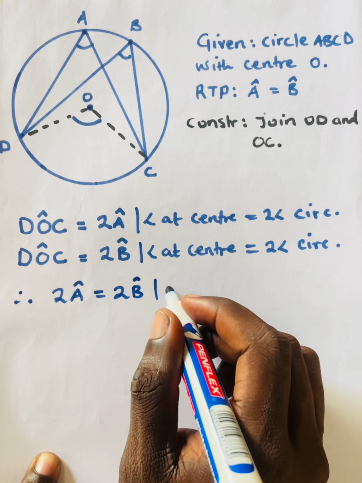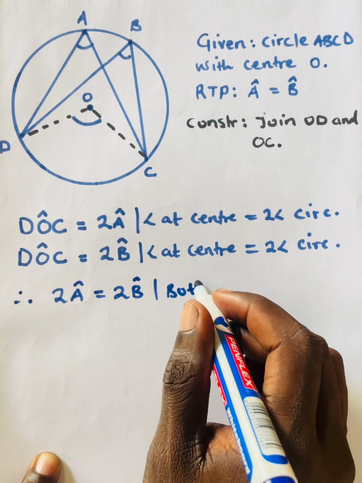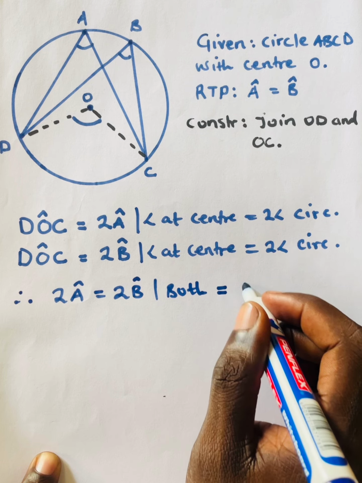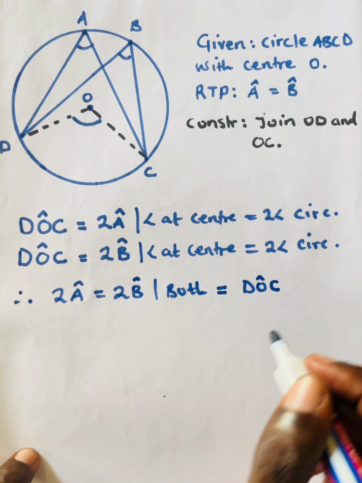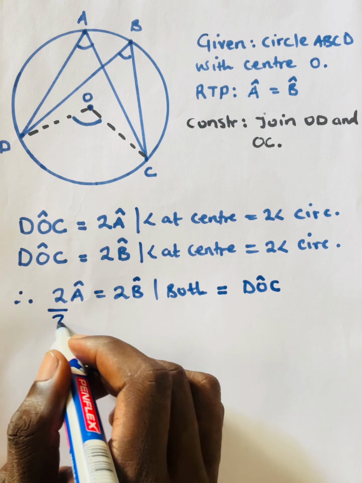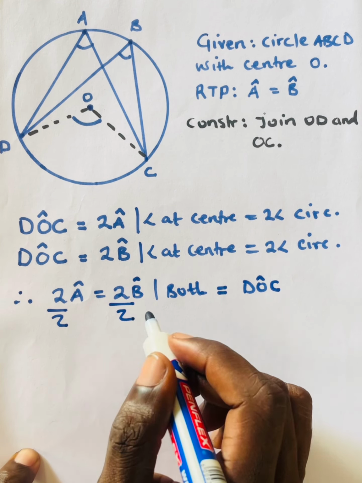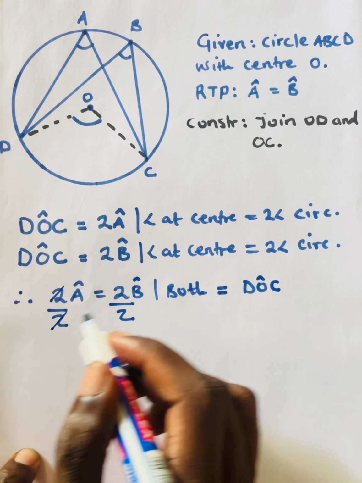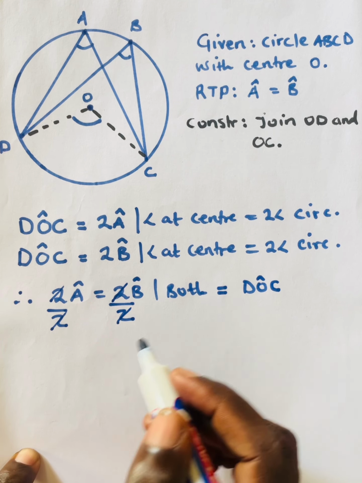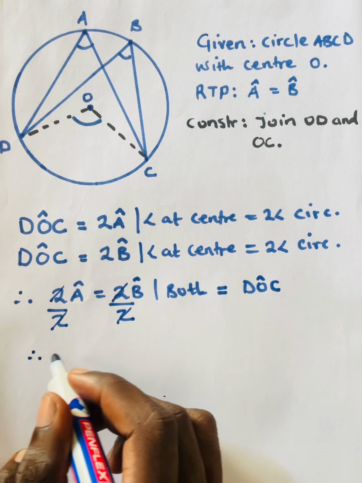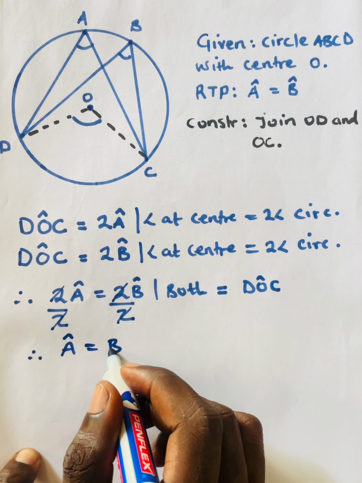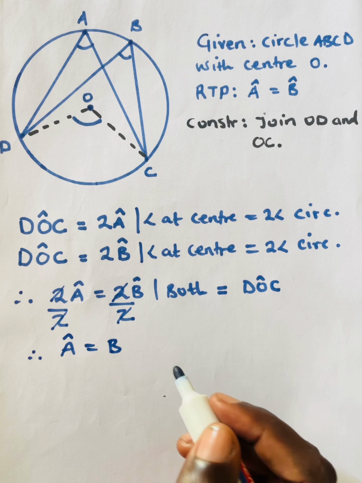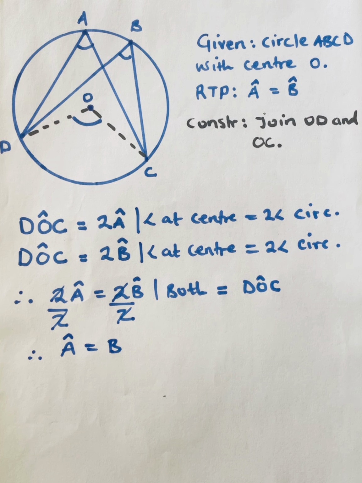Why? Because these are both equal to angle DOC. Then we divide both sides by 2, and these 2s cancel, these 2s also cancel, therefore making angle A equal to angle B. That's the end of the theorem. That's the proof of the theorem.